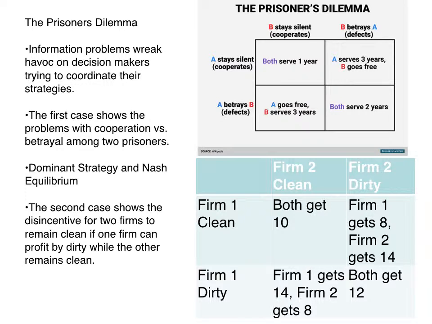But unfortunately, firm 1 has the exact same incentive, and in that case, firm 1 would get 14 and firm 2 would get 8. Unfortunately, the dominant strategy here is for both firms to be dirty and both get 12. And so they're incentivized to both be dirty because if they're dirty, shall we say, at the expense of the other, then they'll both benefit.